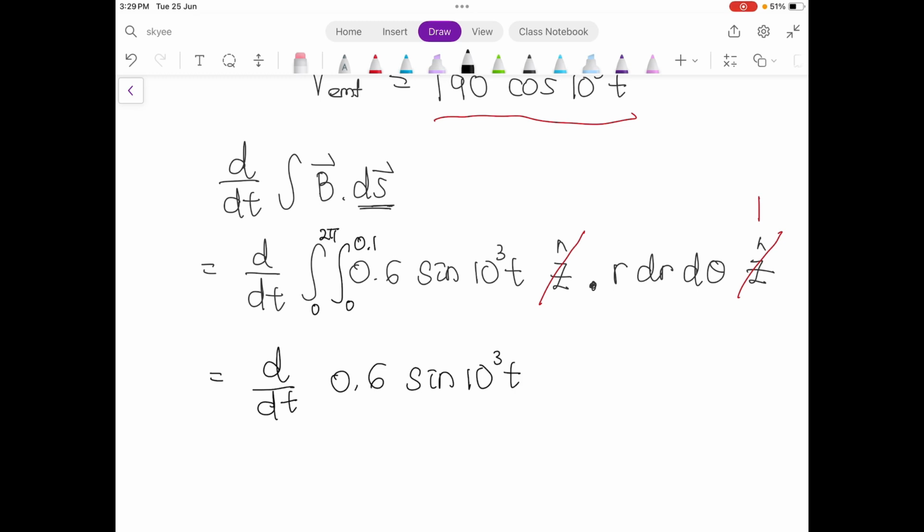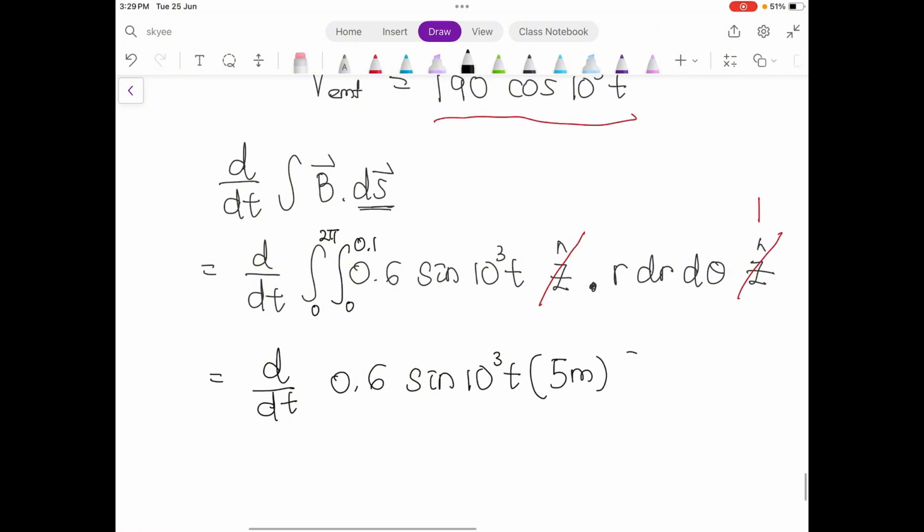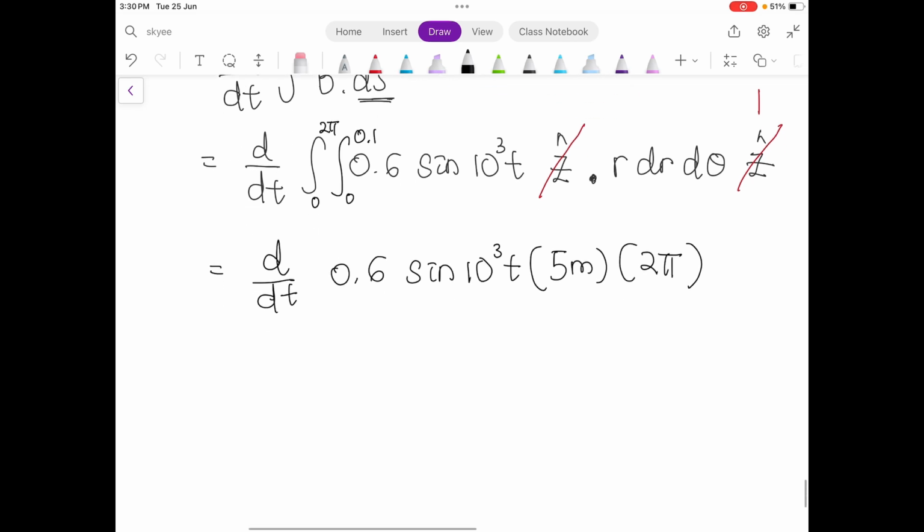If you use the calculator for the integration with respect to r, you get 5 milli. When you integrate r, you get 5 milli, and for θ it will be 2π.